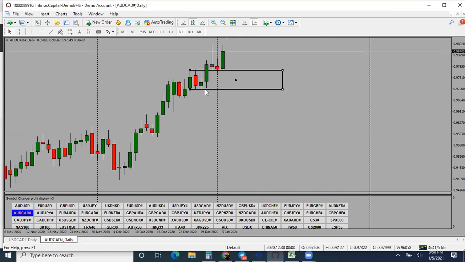So on this day, which is basically the 30th of December, you would have had AUD card on your watch list with an alert set at this level. And when price trades into that level, you'll be looking for an LSB to buy. And that's all. Sometimes we need to wait for 2-3 days.